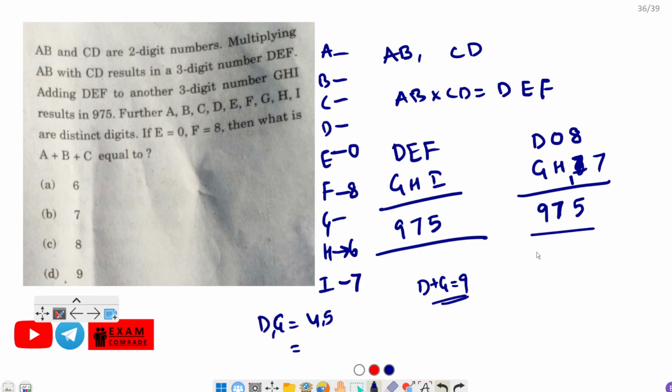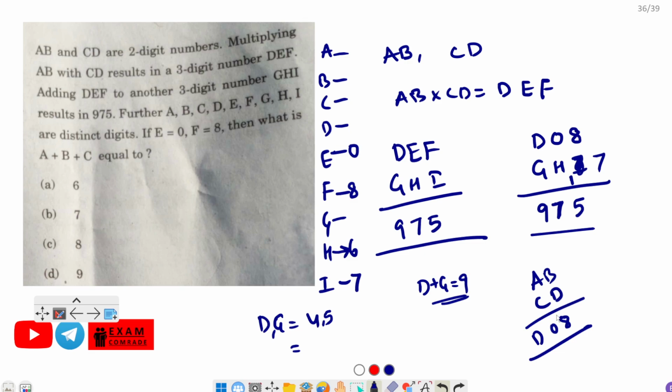Right, let's go to what is given. AB into CD is equal to DEF, which is E08, right?